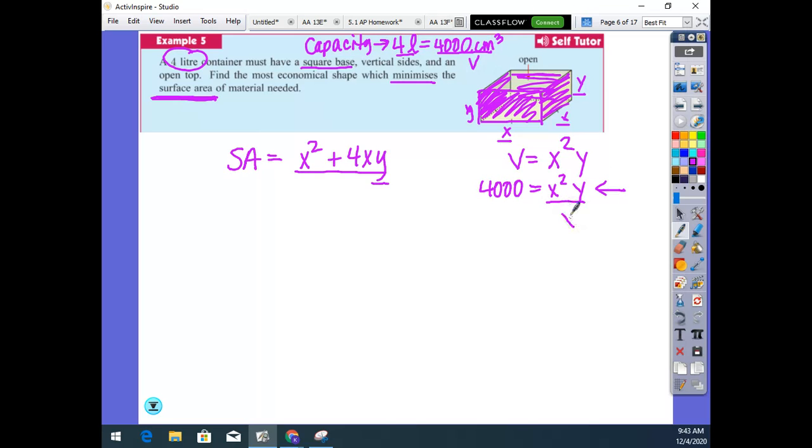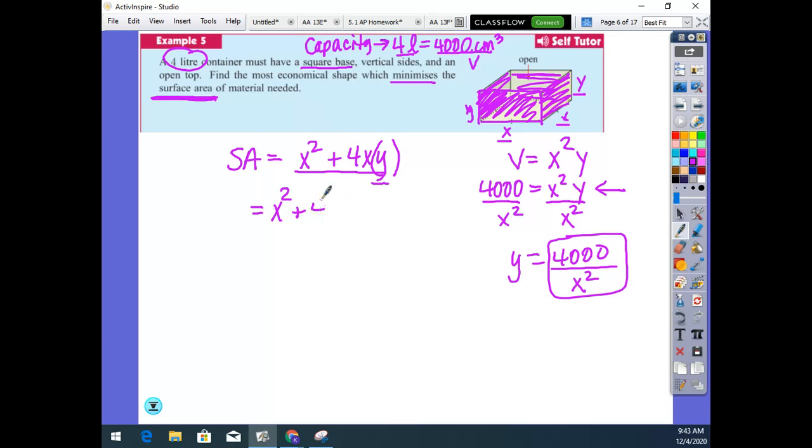I'm going to solve for y. And then I can replace this y with all of this. So now I'm just using one formula, a formula with one variable.